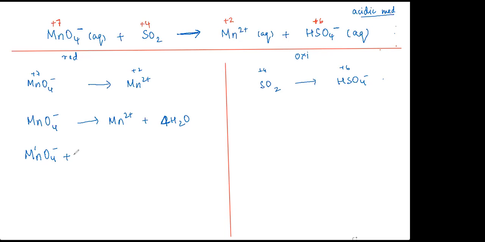How many H plus do you have to add? 8. Okay, so now all the elements are balanced here. We'll look at the oxidation half also.